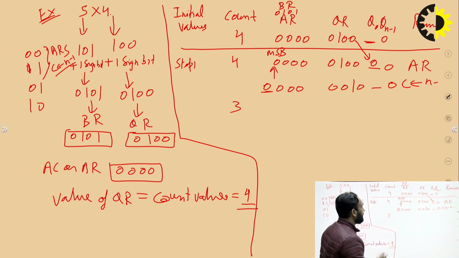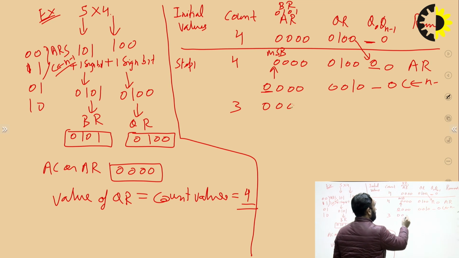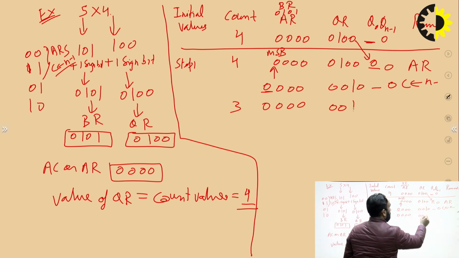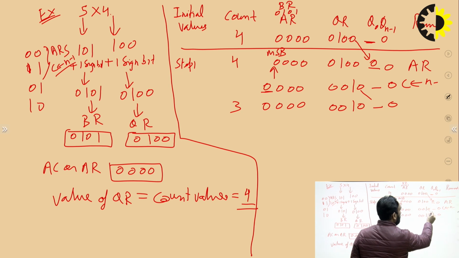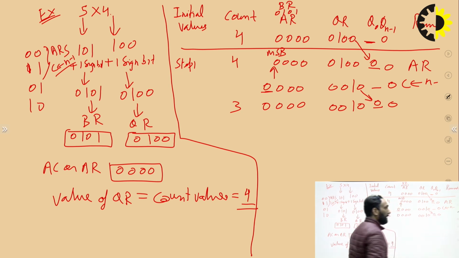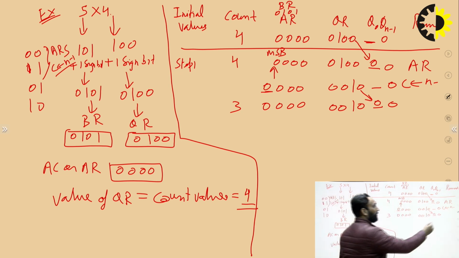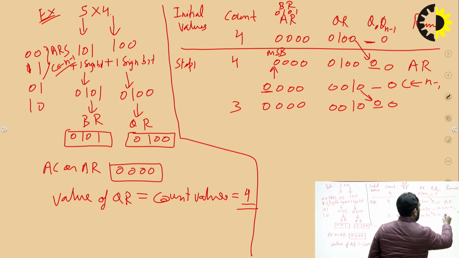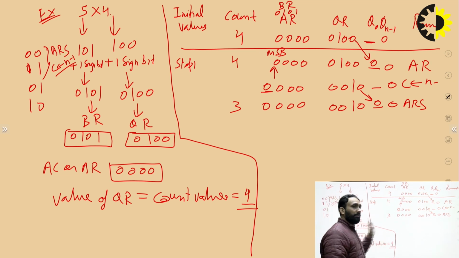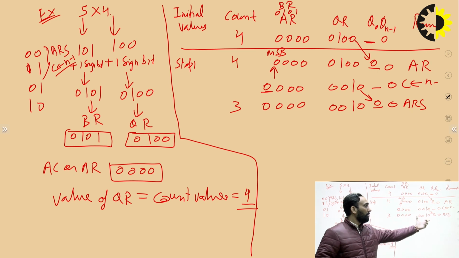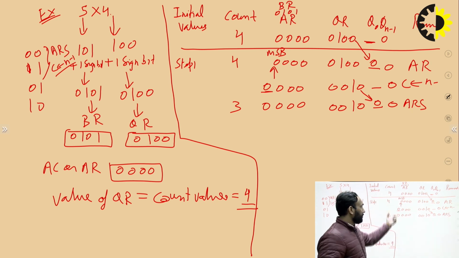Again drop down these values, dash 0. We will again go to the previous step, that will give the value of Q naught. The combination will again be 0 0. So what will we perform here? ARS, arithmetic right shift. What is arithmetic right shift? When we shift the values of AR and QR together, it will shift to the right and this position is vacant, and again we will see the previous MSB value.